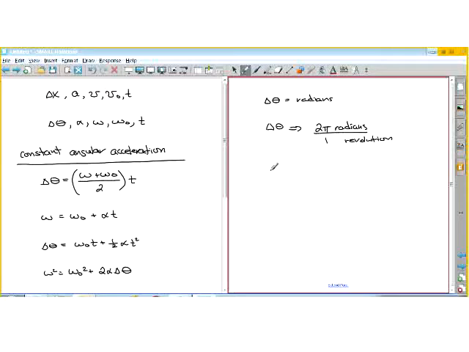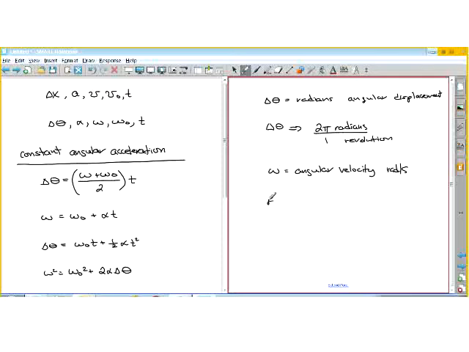You also have that omega is the angular velocity. So delta theta is your angular displacement, as units of radians. Omega is your angular velocity, and it has units of radians per second.